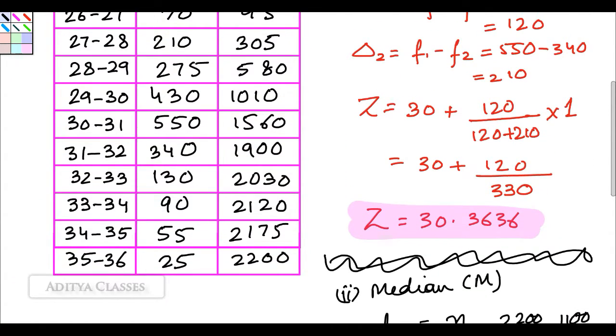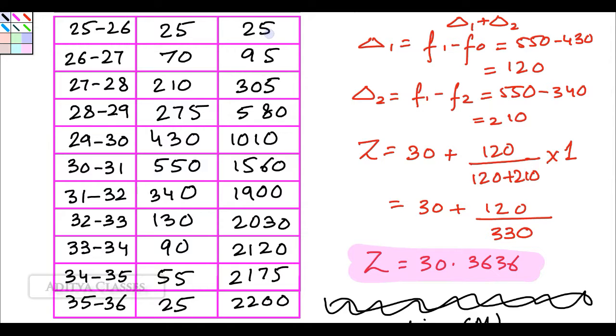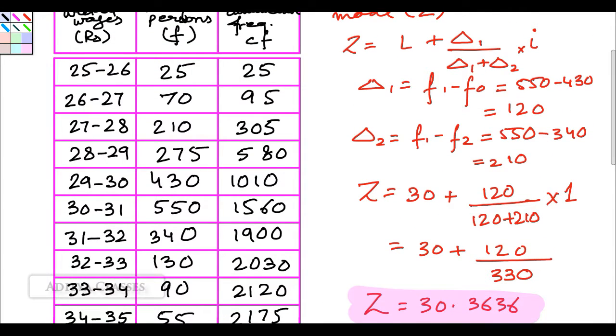Now let us check where 1100 is in the cumulative frequency. 305 gone, 580 gone, 1010 gone, 1100 has not passed as yet, 1560 gone. So 1100 goes in this class. This becomes my median class, because up till the previous point 1100 has not gone, and in this very group 1100 has just passed. So 1100 is hiding somewhere over here.